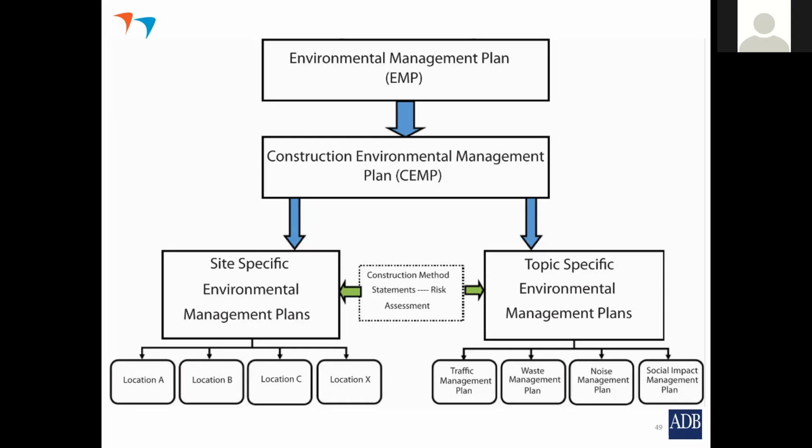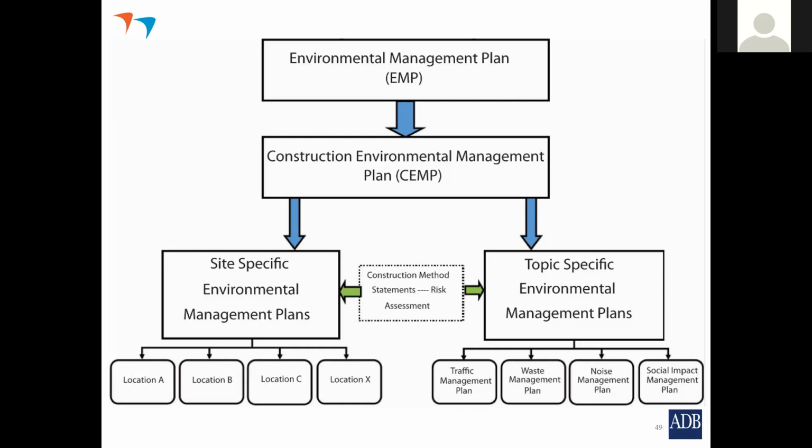And they should be based on, as you see in the middle there, the construction method statements and various risk assessments using the similar approach that we've used to form the EMP. That risk assessment approach is a very good, useful approach for contractors to use in preparing their topic-specific plans. And then we look at the site-specific environmental management plans.